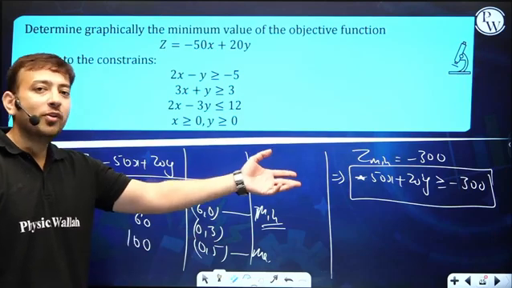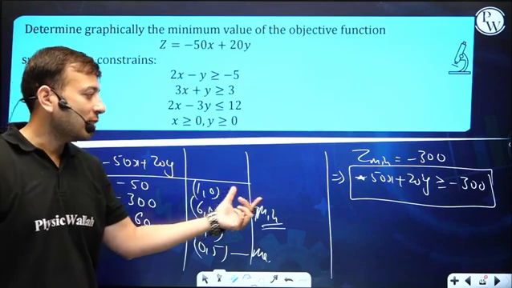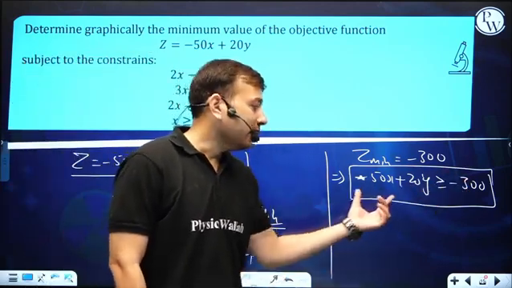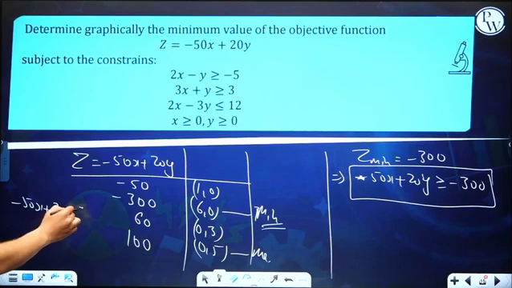Here they are asking for minimum, so the objective equation is greater than the minimum value. If they would have asked for maximum, then you must have written minus 50x plus 20y less than or equals to 100.